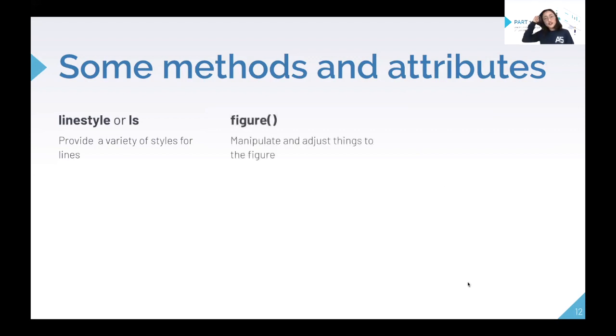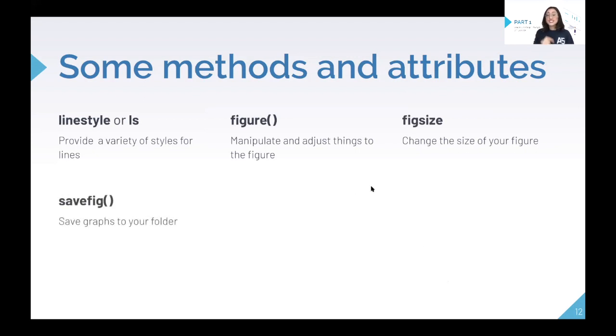And then figure is to manipulate the dimension, the size of the graph, making the whole thing bigger or smaller. Figsize, again, changes the size of your figure. And then savefig is very important, because after you finish your work, you want to get your result, right?